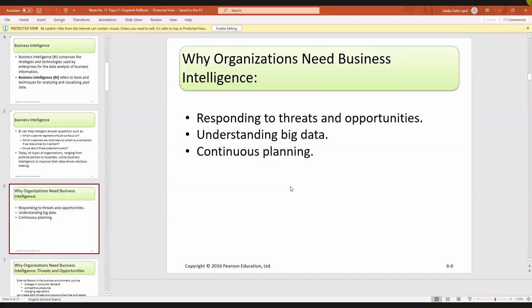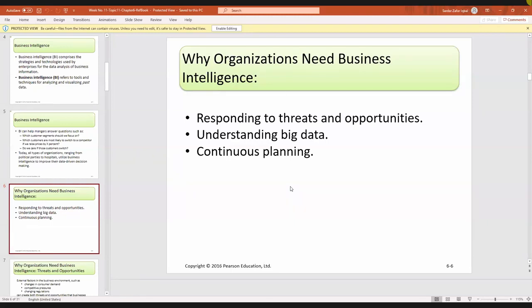So the third point is continuous planning, and continuous planning is always required to mitigate the threats and to avail the opportunities for your management, internal management, external management, overall business, playing with the data, saving data, creating data, managing data. So you need continuous planning every time.